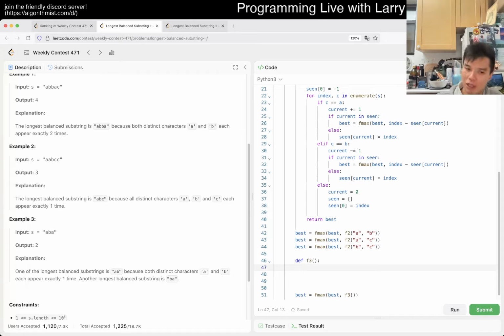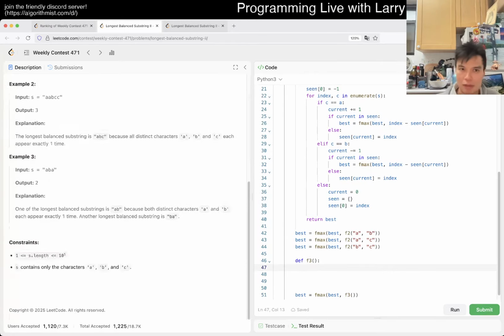And we could test for 1 and then 2, and then sliding window, but that's too slow, right? So it seems like I opened the same problem twice. Oh well.